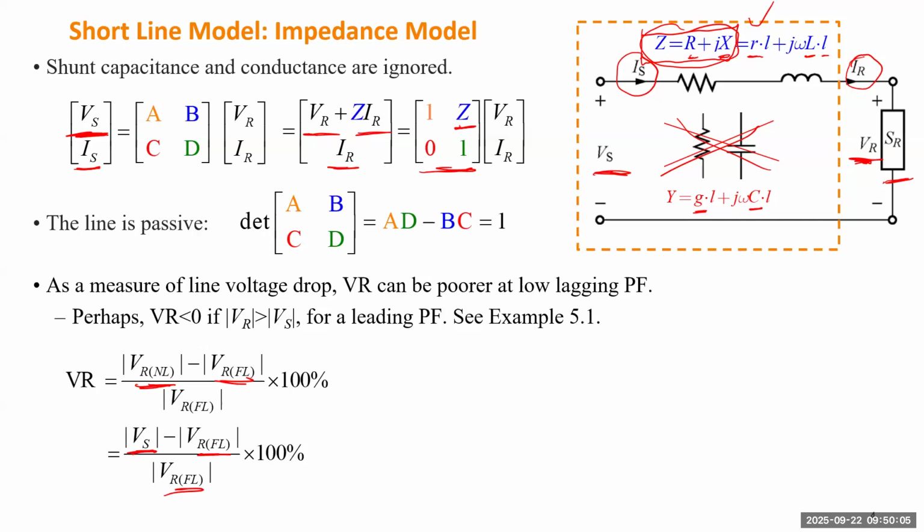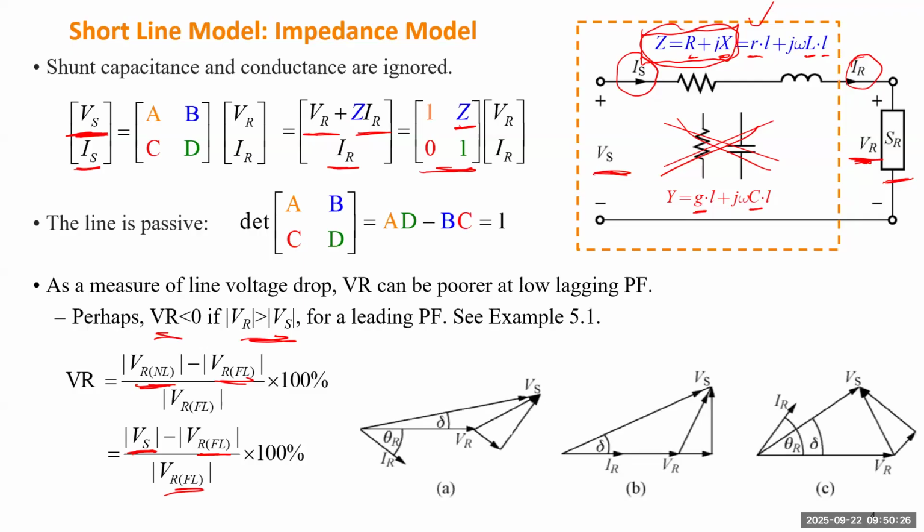So if the power factor is lagging and low, much smaller than 1, the voltage regulation will be large. A large VR means not a very good source. If VR is higher than Vs, the voltage regulation can be negative. So those three phasor diagrams correspond to lagging power factor, unity power factor, and leading.